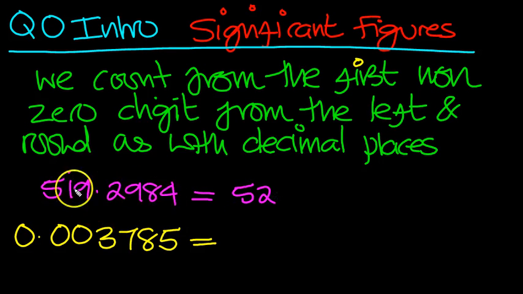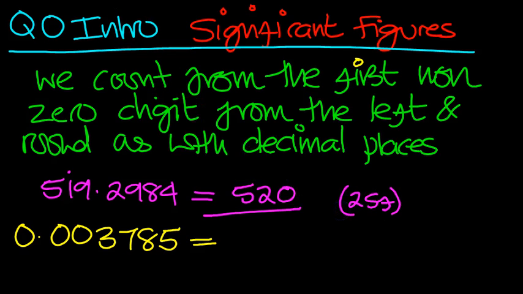But you see, we keep the same size of the number. This is the tens column, so to keep it as the same magnitude, we have to introduce a 0 to keep it in the same position. So 519.2984 to 2 significant figures is equal to 520.